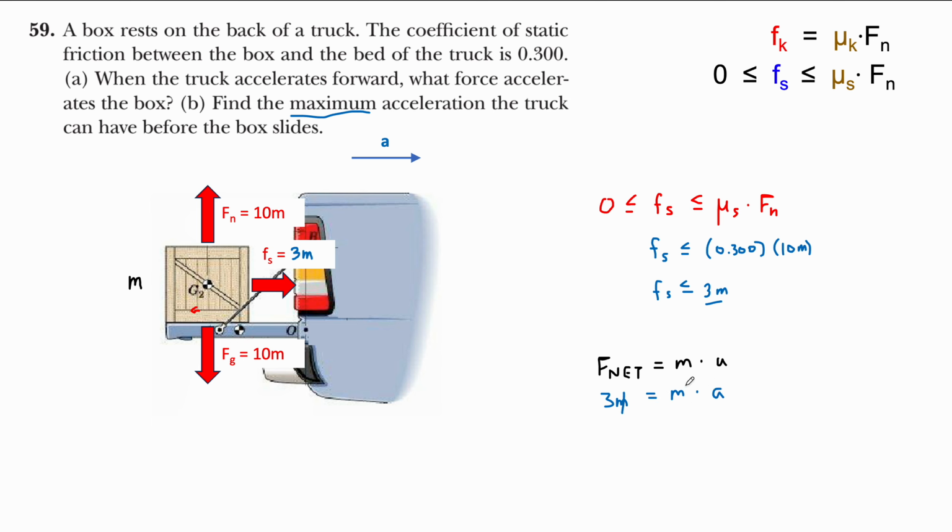The m's cancel, and we get our maximum possible acceleration is 3 meters per second squared. If the truck tries to accelerate at a rate that's more rapid than that, the box is going to slide backwards. Good.